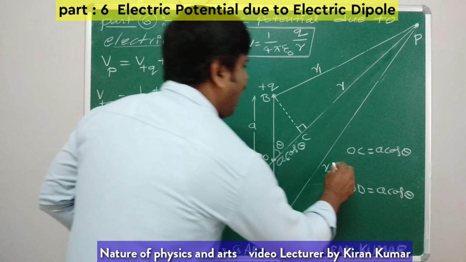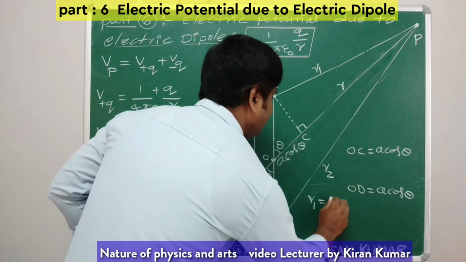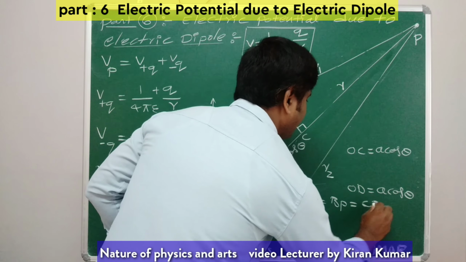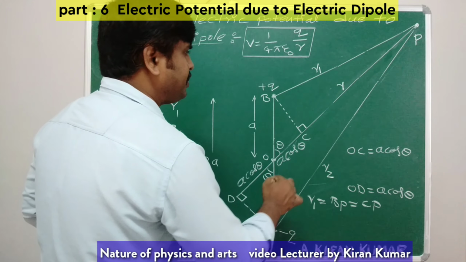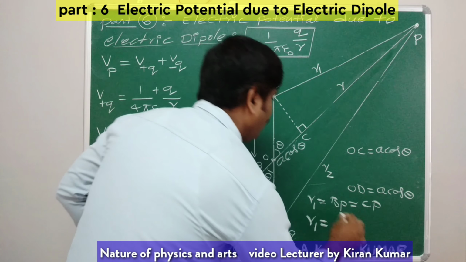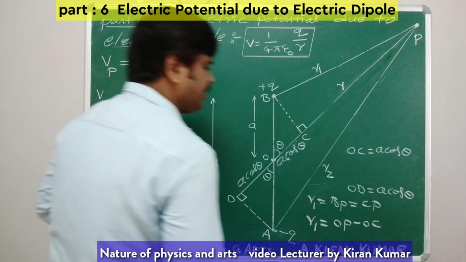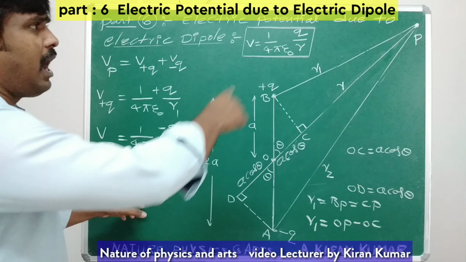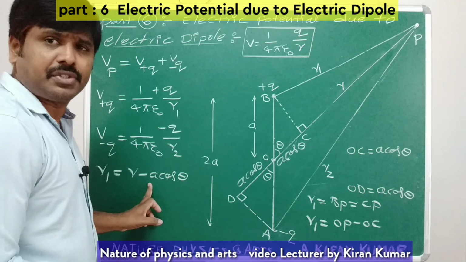So R1 equals OP minus OC, where OP is R and OC is a cos theta.